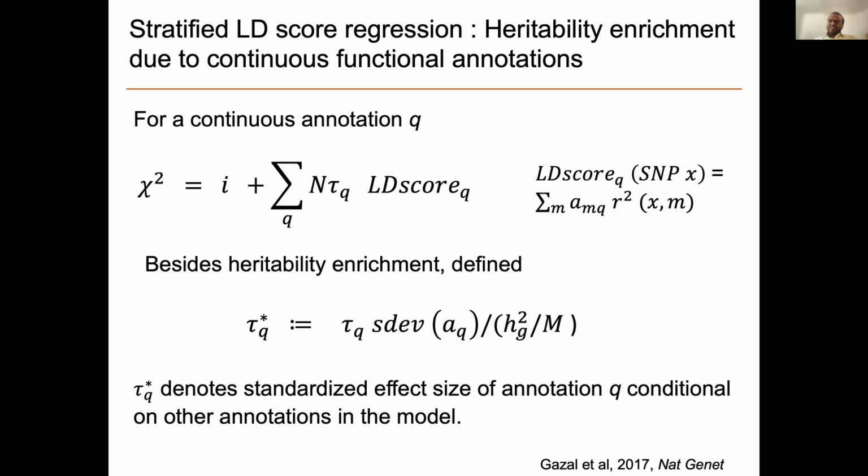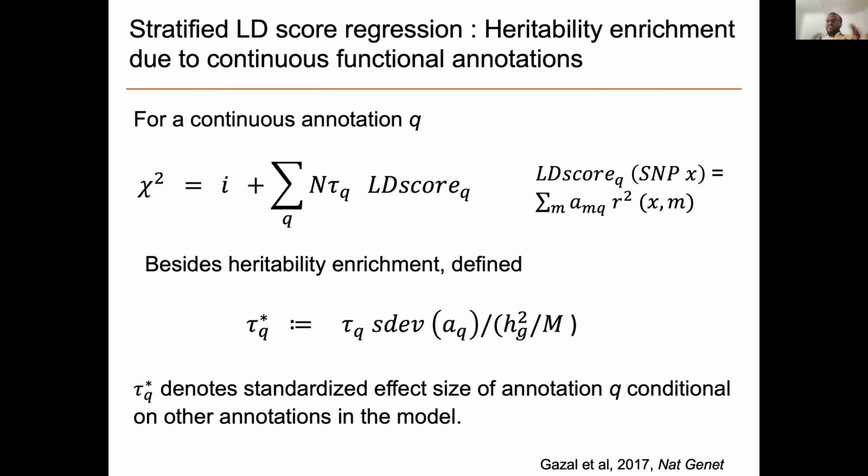One other thing is that typically there is a difference between a probabilistic annotation and a continuous annotation. If it is a probabilistic annotation, it makes life a little easier to compute the enrichments compared to if it is just a continuous annotation.